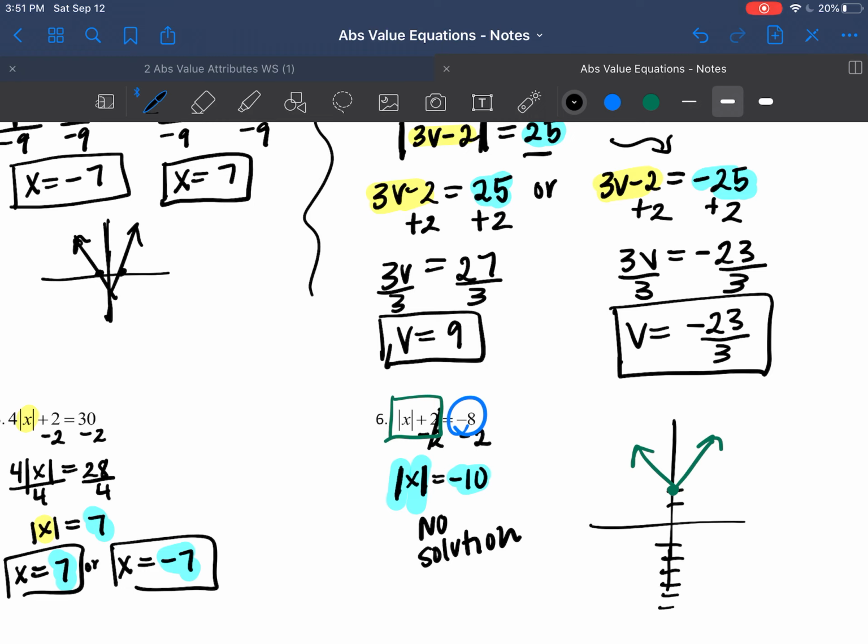Which is way down here. 1, 2, 3, 4. So on a graph, if I were to graph the left and the right side, it would look just like this, giving me no solution.